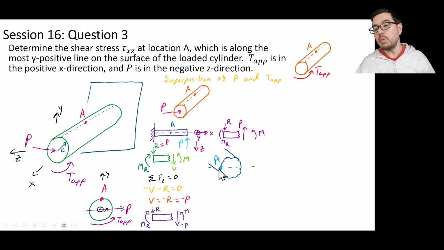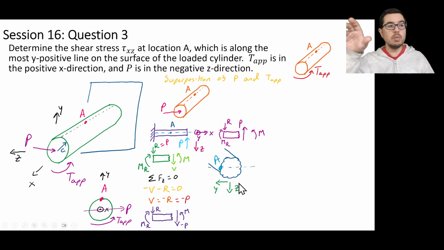But this is now what we'll call the neutral axis, and A is on that neutral axis, and these are the appropriate coordinates for the vertical direction. That's going to be Z downward, and for the y direction, which is to the left. Okay, so you can see this has been rotated such that A was here, and now we're looking at it on the side here, and these are the coordinates that still align with what we said previously.